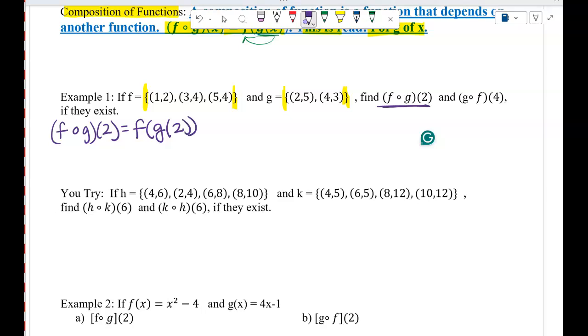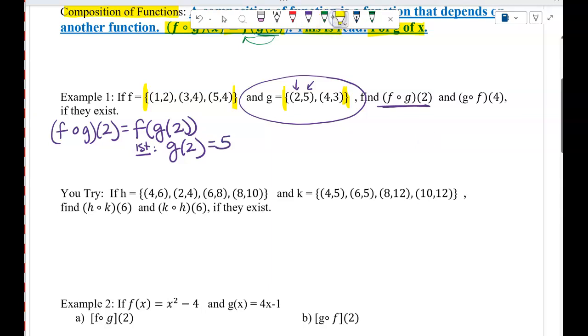First step, we are to find g of 2. Here's our g function. Every time we see an x, we are supposed to find y. So g of 2 is really 5, okay? That means g of 2 is 5. Our second step is finding f of, we know g of 2 is 5, so we take out the g of 2 and plug 5 in.